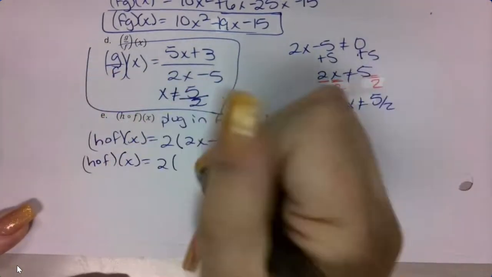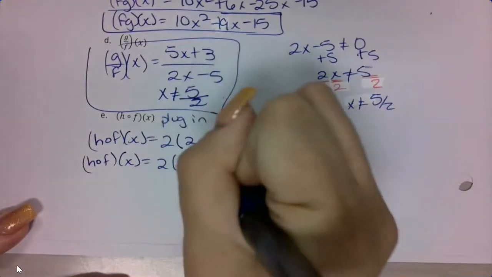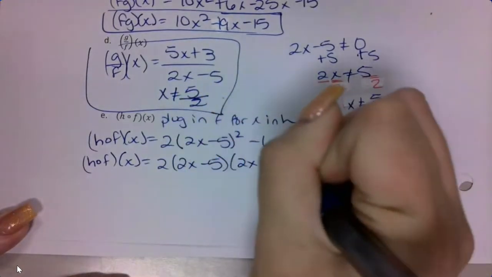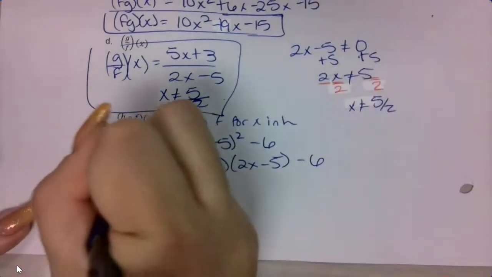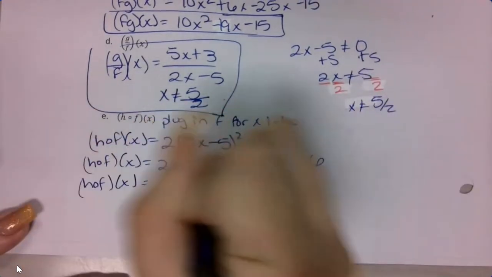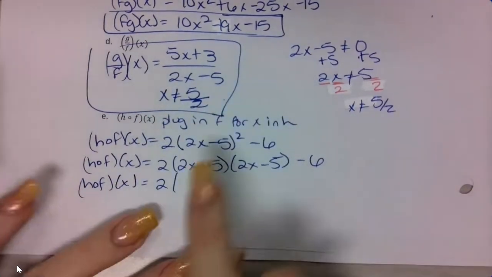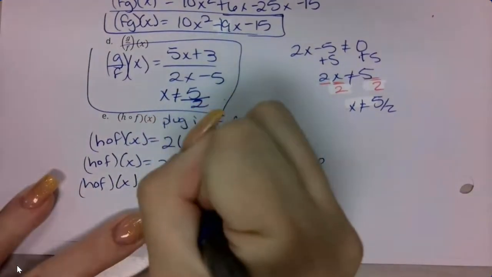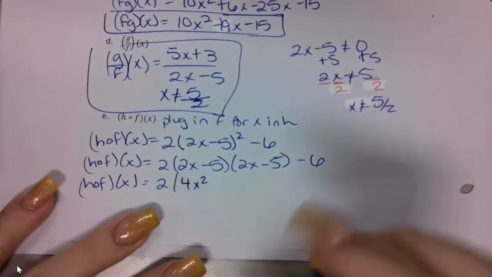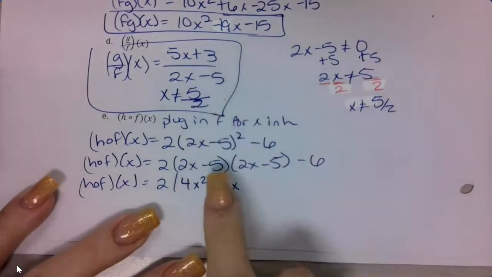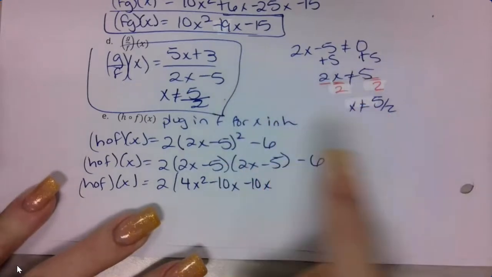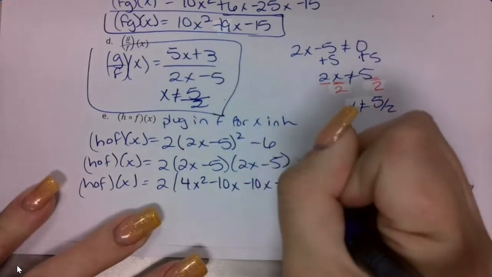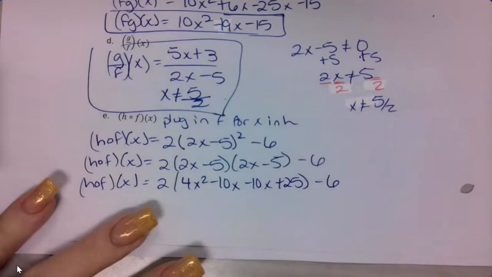So, remember, squareds really mean I have 2 of the same thing in parentheses. I'm going to leave that 2 out front for now. 2x times 2x is 4x squared. 2x times -5 is -10x. Negative 5 times 2x is negative 10x. Negative 5 times negative 5 is positive 25, and I still have the minus 6 at the end.